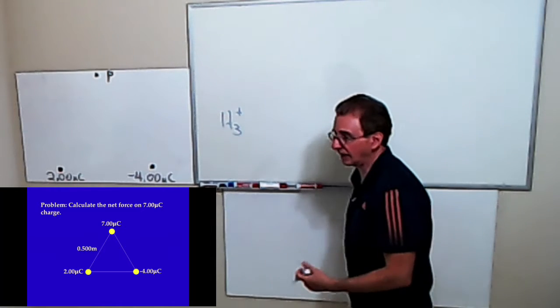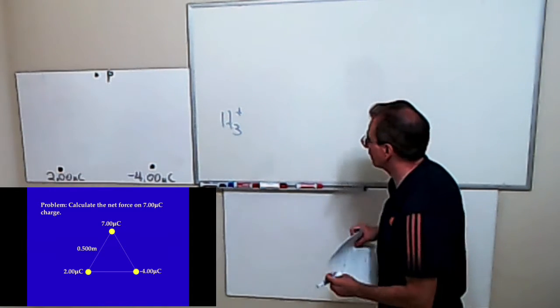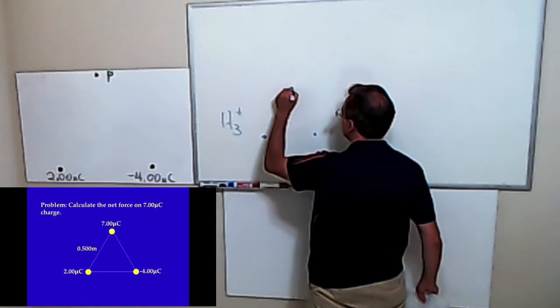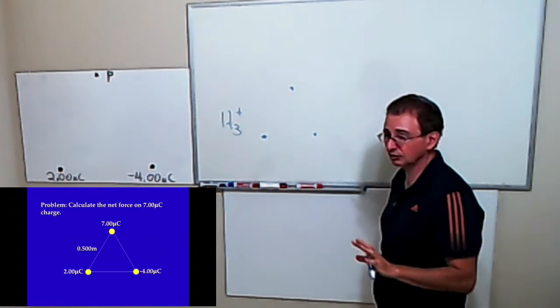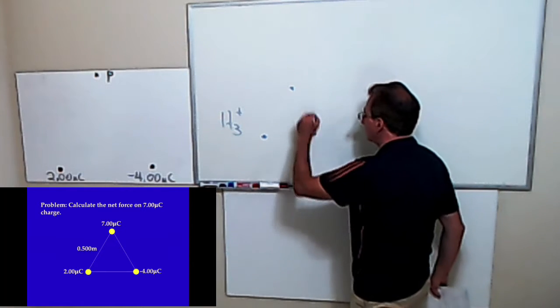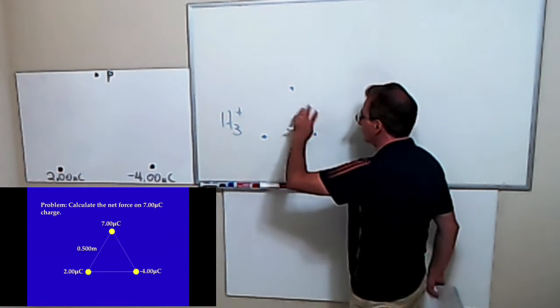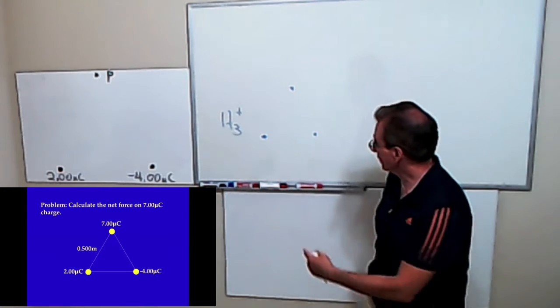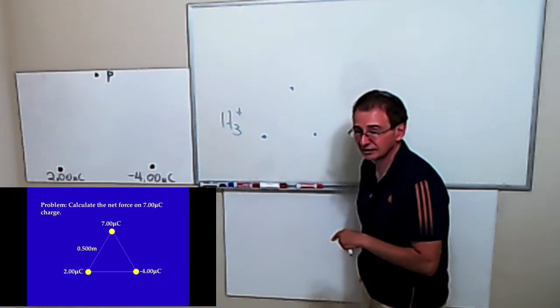It's not really until the last 20 or 30 years that people have really studied this molecule. It is essentially 3 protons at the vertices of the triangle with the electrons floating around inside the triangle. And this is an important molecule.